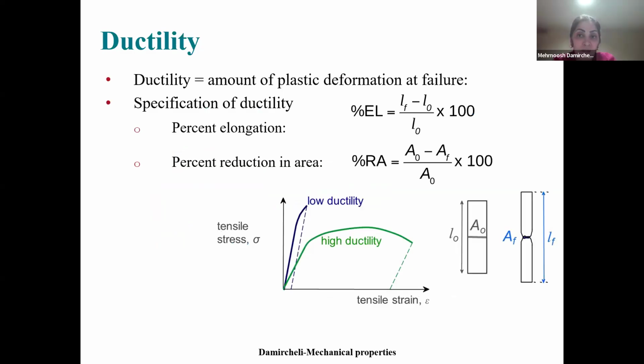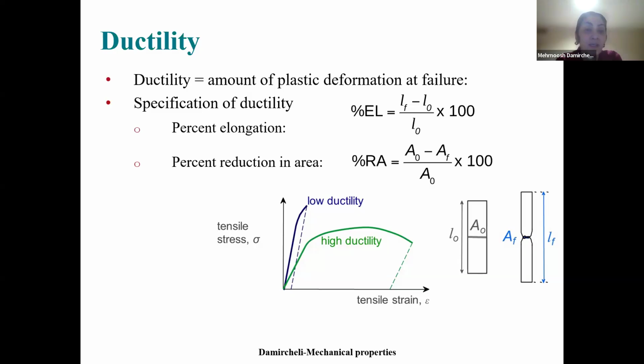Ductility is the property that measures the plastic deformation before failure. It is specified by percent elongation and percent reduction in area, as you see in the equations. EL percent equals LF, the final or fracture length exactly before fracture, minus L naught, the initial length, divided by L naught, times 100%.